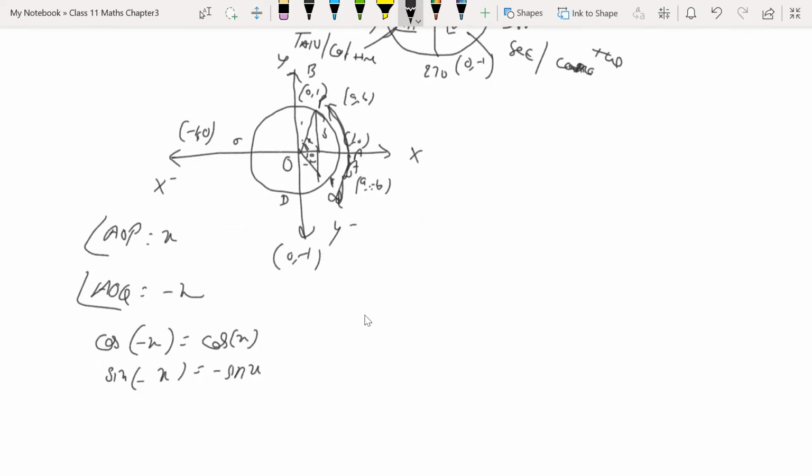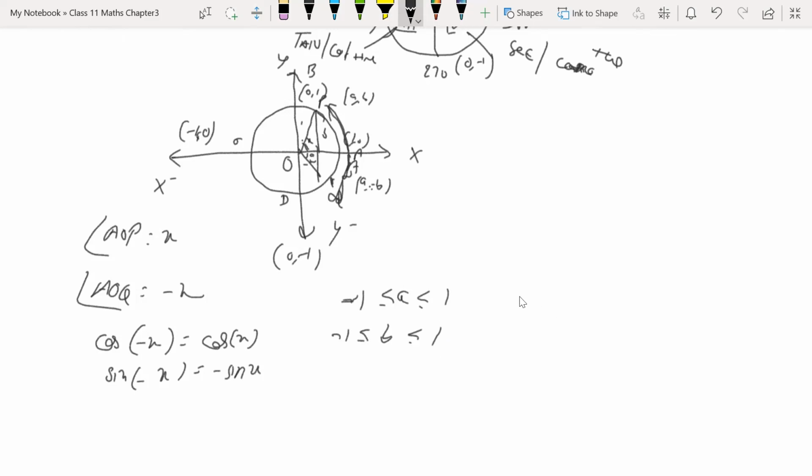For every A, B: A is between minus 1 and 1, and B is also between these.